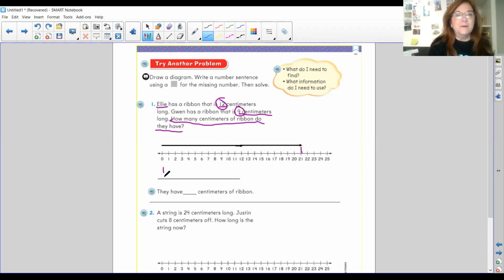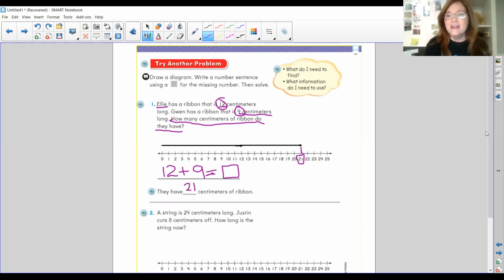So we're going to write 12, and then remember this is adding because the two girls added their lengths together. 12 plus 9 equals a box, the mystery box. And so we know what that mystery box is because it's right here. And yes, it is 21.